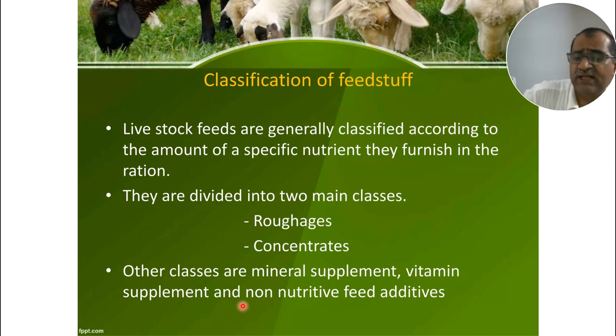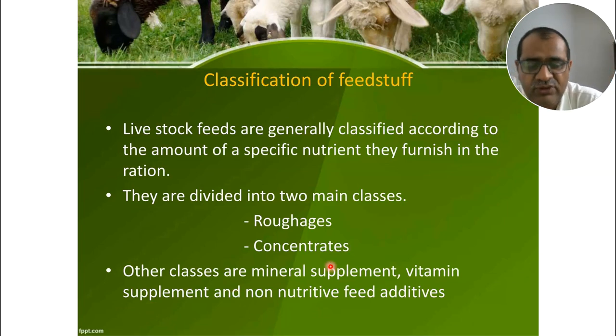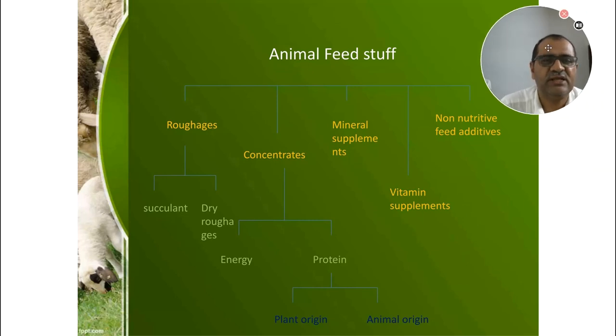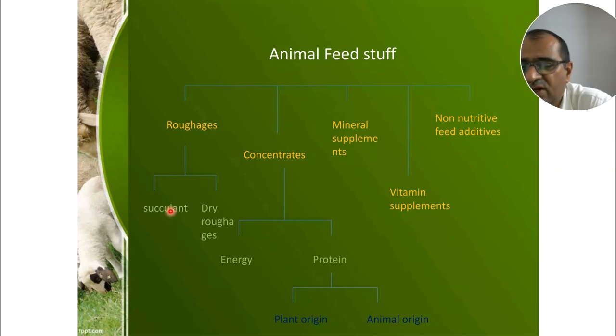There are many classes of these, and additionally we need to supplement vitamins, minerals, and sometimes mineral mixtures or urea to some extent to the concentrates. The roughages we can classify as succulent roughage, which you have already seen, and dry roughage. So animal feeds always contain roughage and also concentrates.